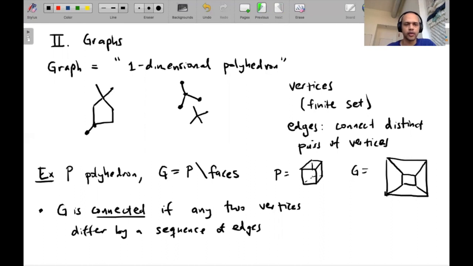So for example, this graph here is connected, but this graph here is not connected.